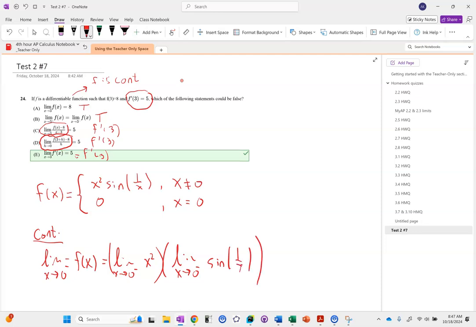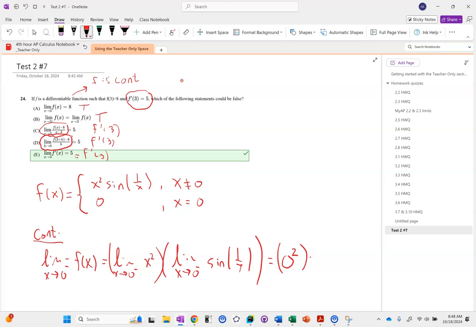Now, the limit as x approaches 0 from the left of x squared, I can just do a substitution and get 0 squared. And for the limit as x approaches 0 from the left of sine 1 over x, if I plug 0 in for x, I have 1 over 0, which is infinity. And sine of infinity is indeterminate, or undefined, does not exist, because we're oscillating between -1 and +1.